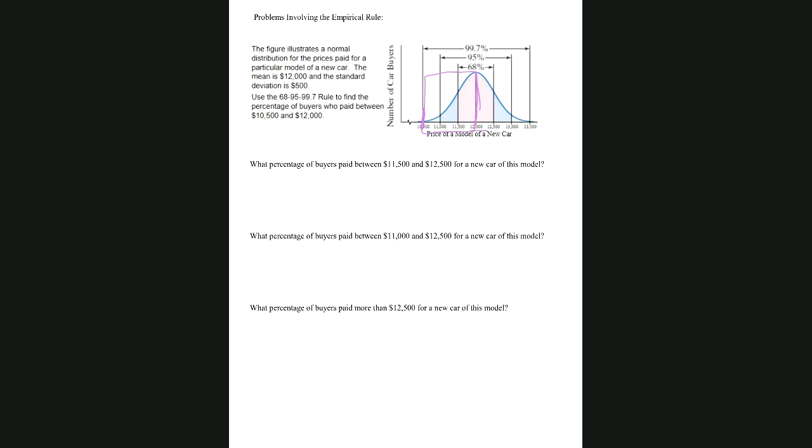The first is I need to use the fact that, let's do this in green, the mean divides this distribution into two equal halves. So if the whole thing is 100% or 1, then on this side it's 0.5, and on this side it's 0.5.